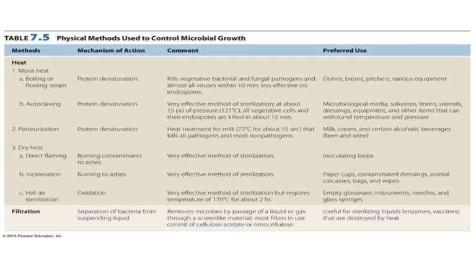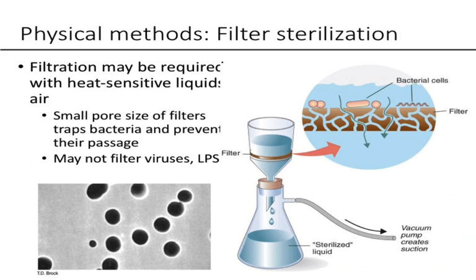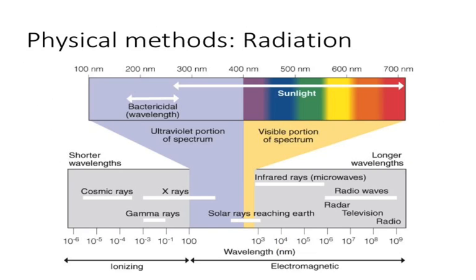Let me see if there's any other one that I wanted to cover real quick. The last one that I want to bring up, because we've talked a little bit about UV. UV is a great example, works really well. I think one of the fears behind UV right now, or radiation, is the fact that it has radiation in the name. For example, many food scientists, food microbiologists have proposed we should use ionizing radiation as a way to treat food items.